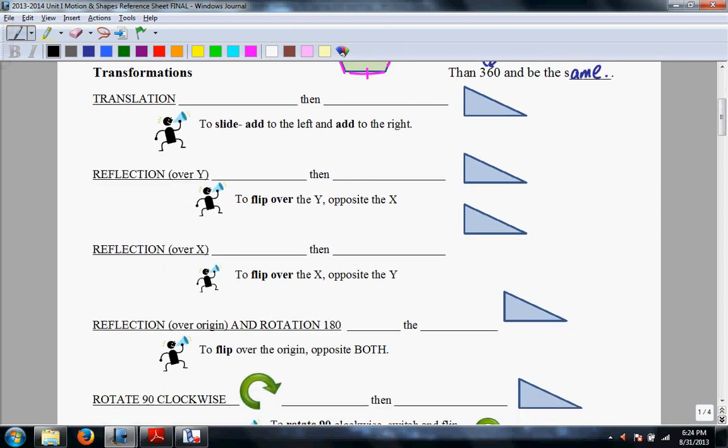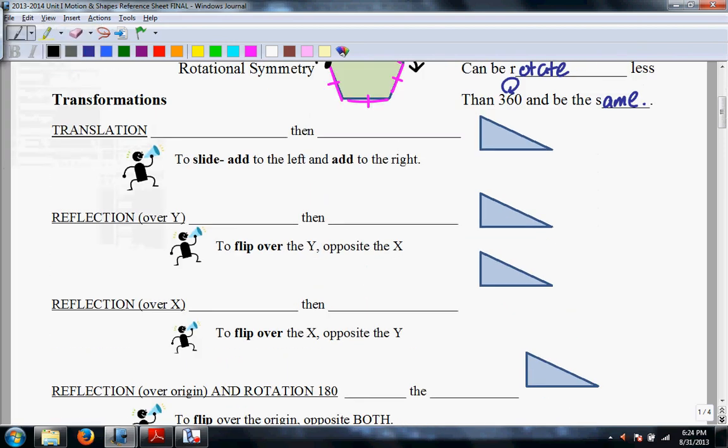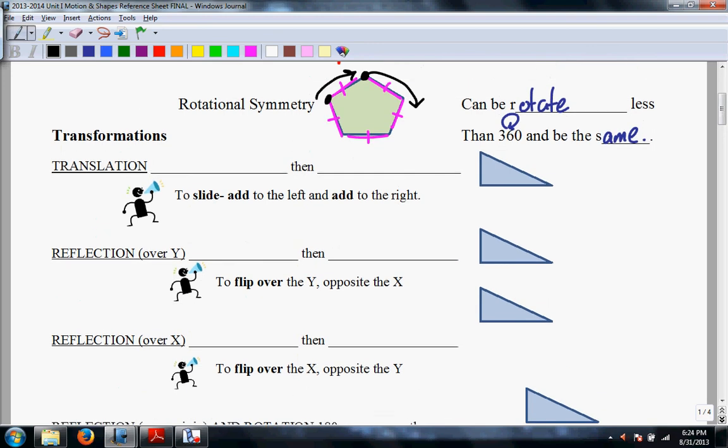Then we talked about transformations. The first one was translation.